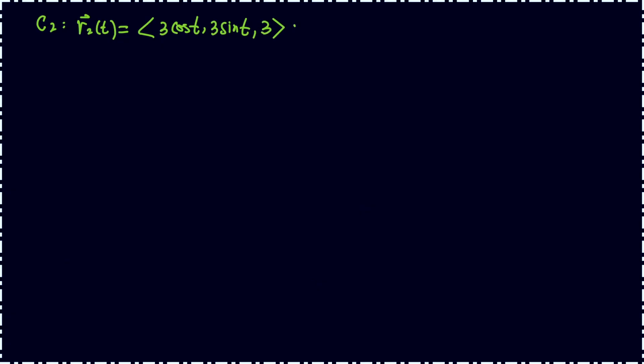Okay, the derivative is negative 3 sine t, 3 cosine t, and 0. Now we are ready to calculate the line integral over C2.